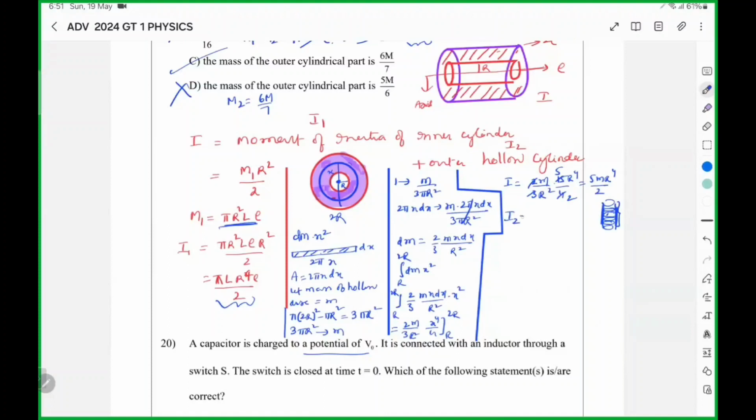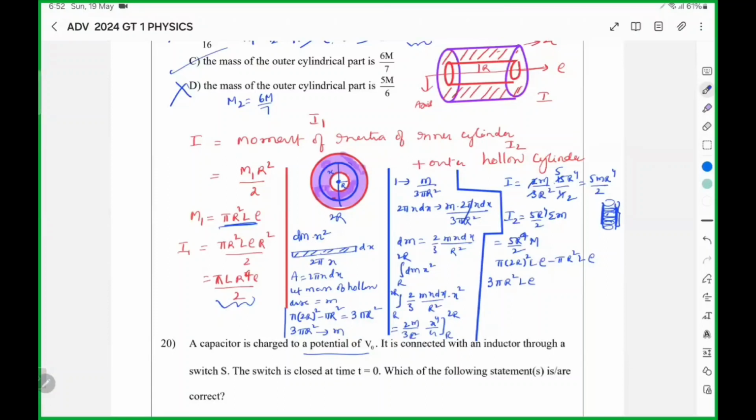Let us say I2 will be 5r power 4 by 2 integral sigma m. Sigma m will be capital M, which is mass of hollow cylinder. So here that is pi into 2r whole square L into volume into density minus pi r square L into density.